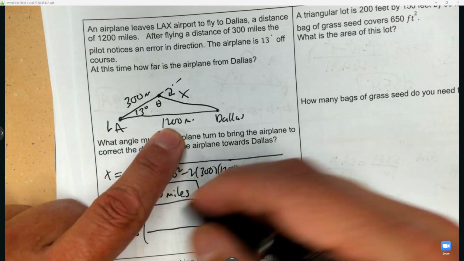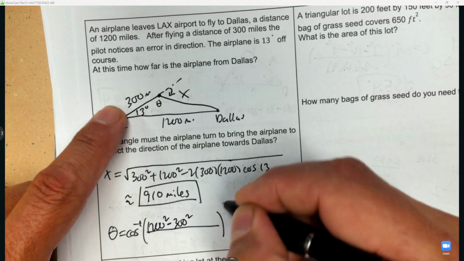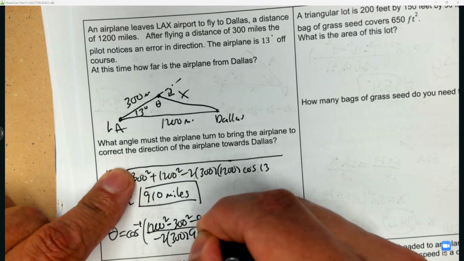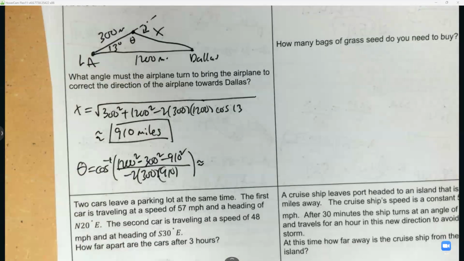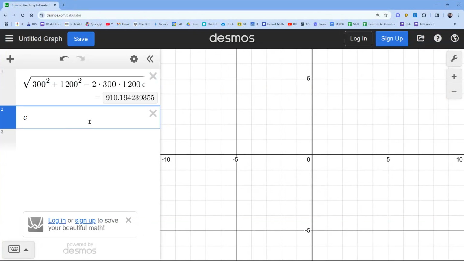So we're going to start with 1200, and then we'll use 300 and 910, and then negative 2, 300 and 910, and then find that angle to begin with. So again, I'm going to type this into Desmos. So inverse cosine, do that again.